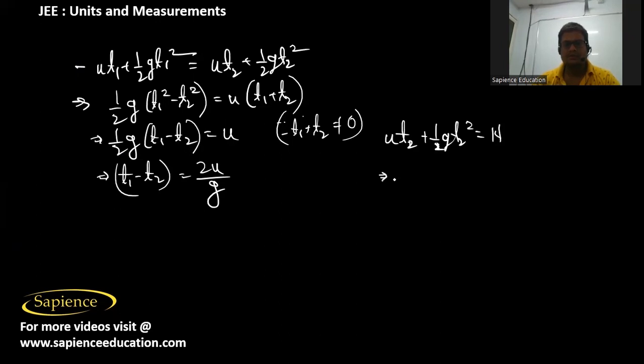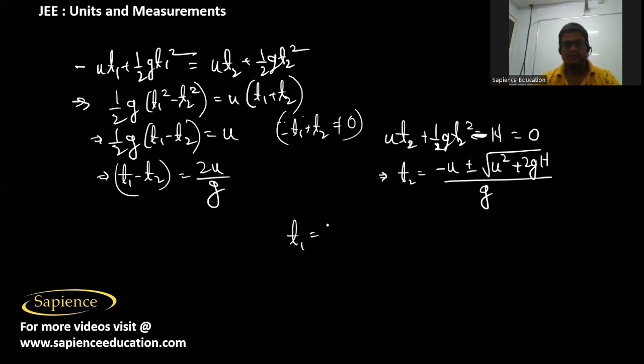So therefore t2, if we solve it, then we will get half g t2 square plus u t2 minus h equal to 0. So t2 will be equal to minus b plus or minus square root of b square minus 4ac, so 2gh by 2a, that is g.